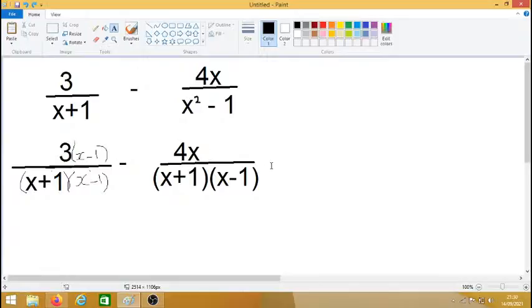So we're ready to expand out the brackets if we need to, but it's easier on the bottom just to leave it as it is.